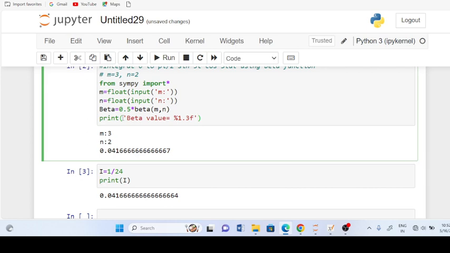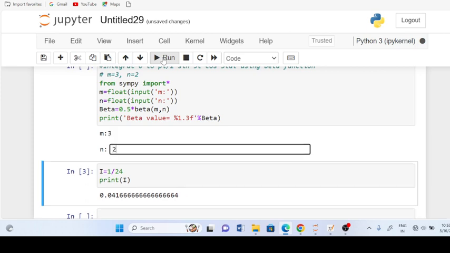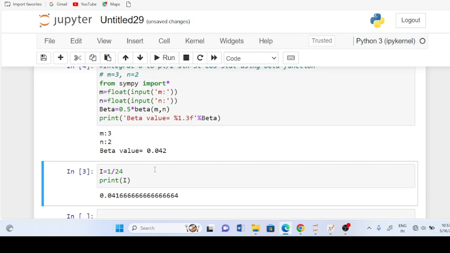Now we give percentage beta. Now we check the answer. We must get the answer in terms of 3 decimal places. Now you can see we have the answer 0.04. Here the beta value is 0.042.